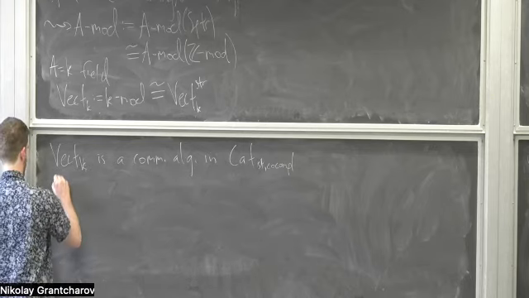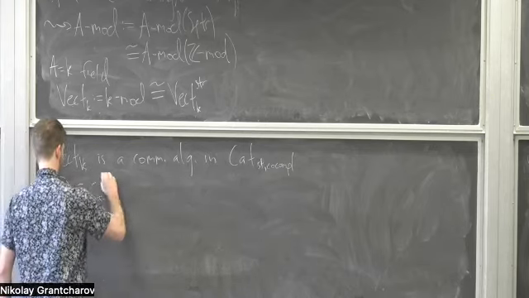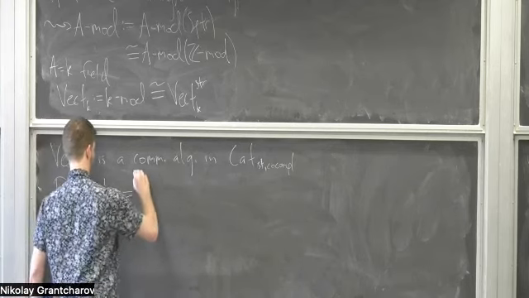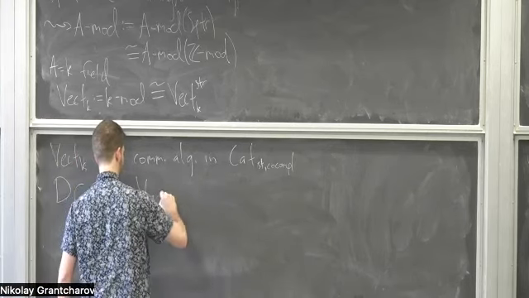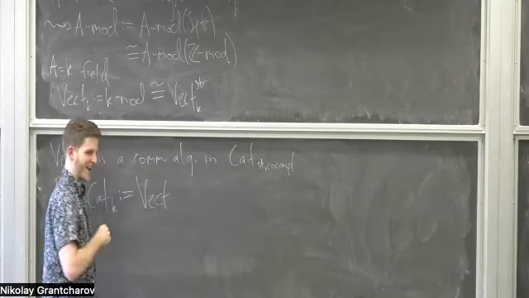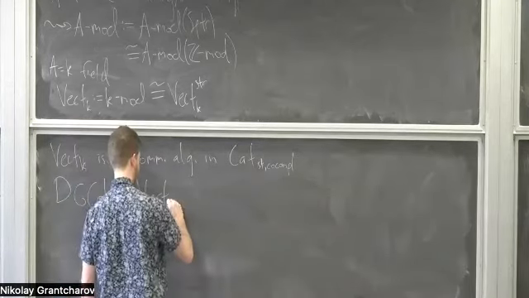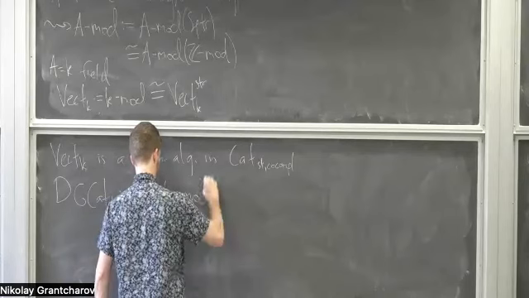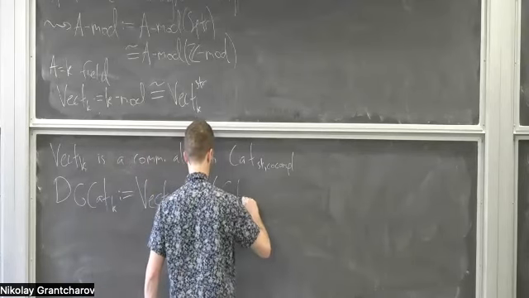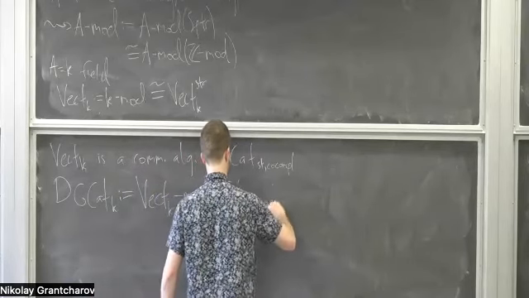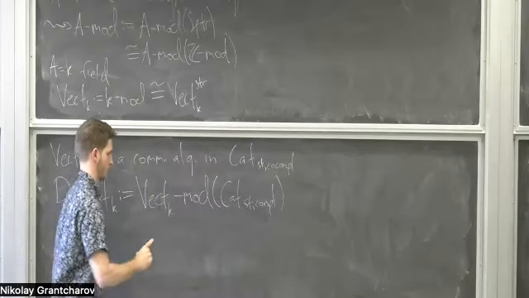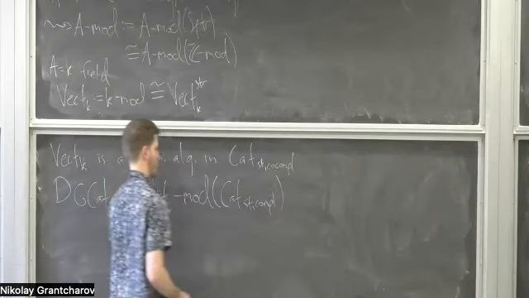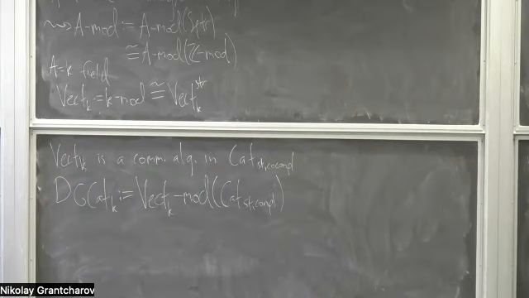And so the definition of DG categories over K then is, again, instead of saying enriched, I talk about action of vector spaces. I say tensored over vector spaces. So this is the definition of DGCat.